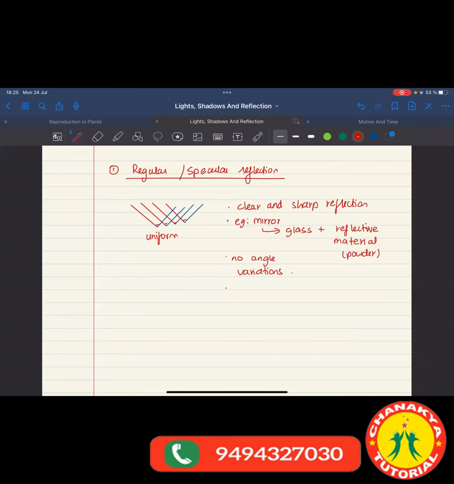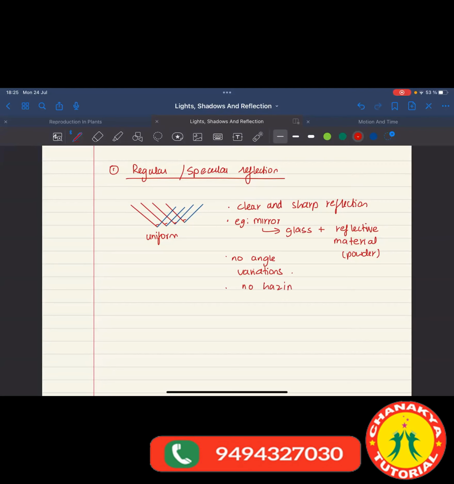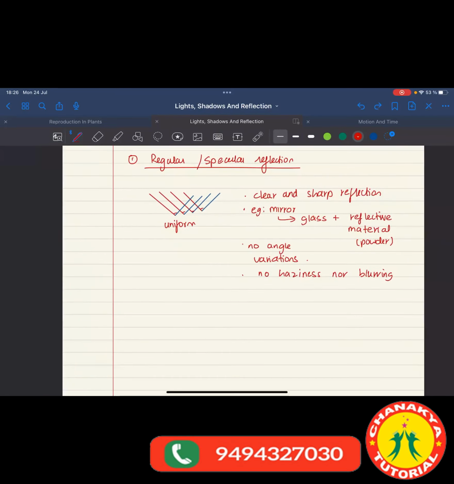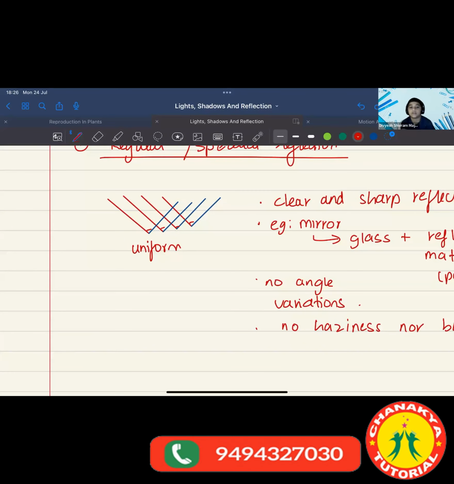So there's no haziness. Haziness means reflecting like this, like this, like this. No, it's uniform. And blurriness, you know what is blurriness. So this is how a regular or specular reflection looks like. Is this clear? Yes, ma'am. Anybody has a doubt? No, ma'am.